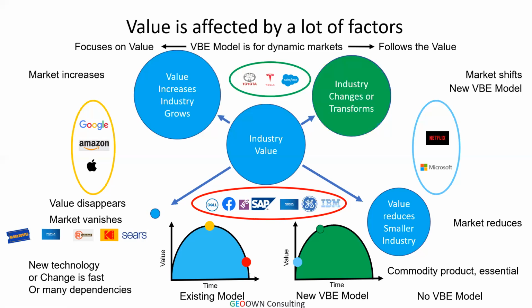Perhaps they may have more juice in their VB model to take them a bit further, but they are near the peak or on the decline, particularly Apple, because Apple's VB model needs to change, or a competitor can definitely come up with a VB model which can threaten Apple's existing VB model.